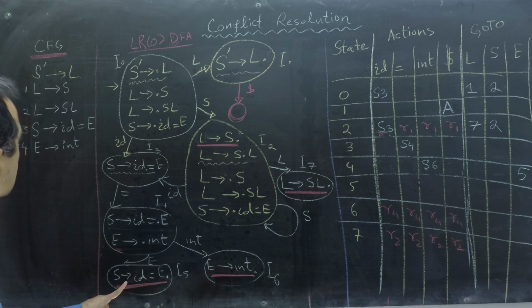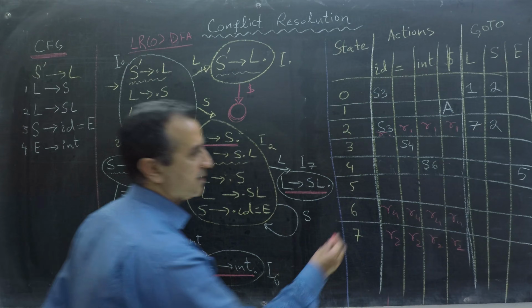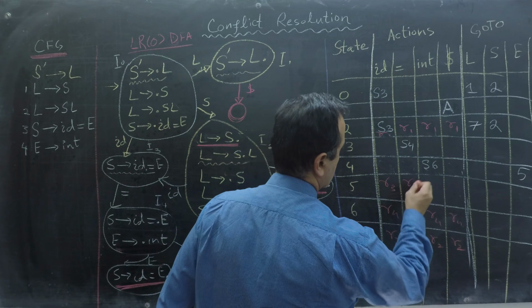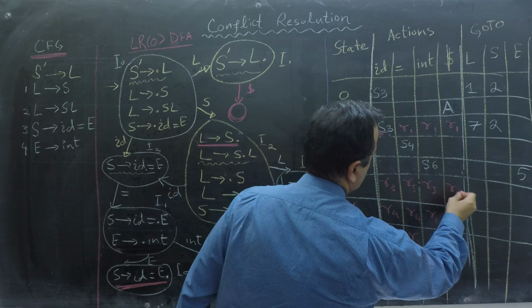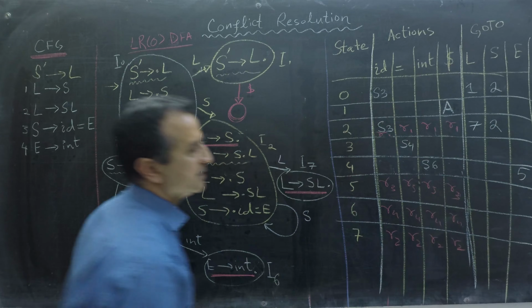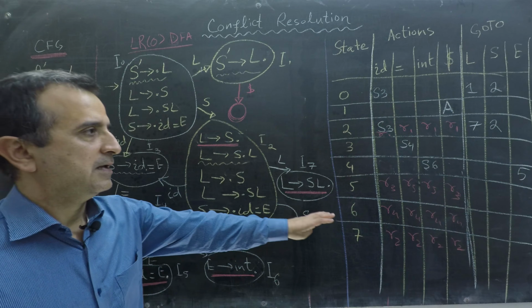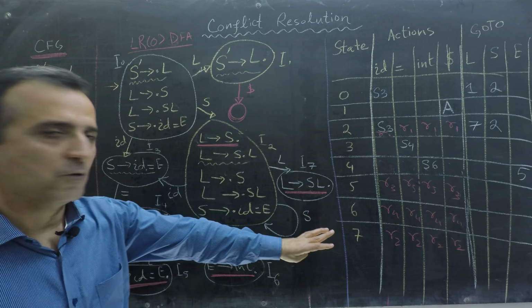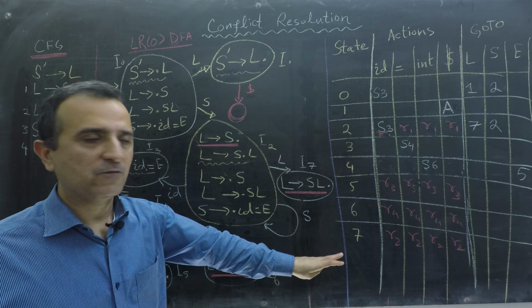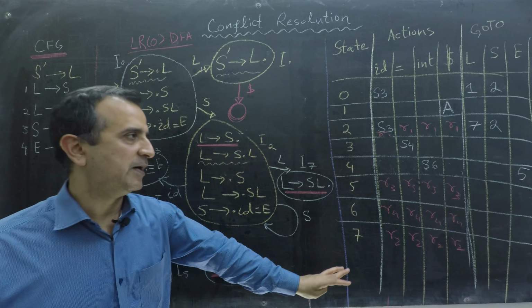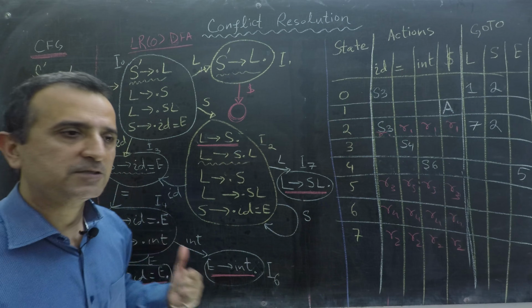And for this, which is R3, I have to add R3, R3 and R3. So that's it. This is my LR0 parsing table.